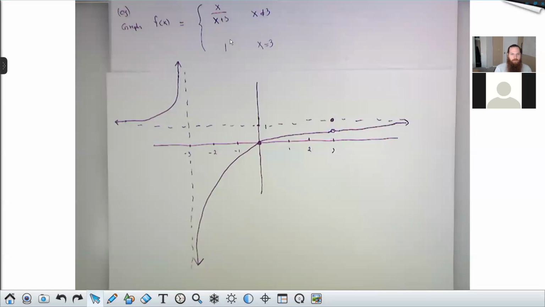This one is after I did the factoring and canceling, so it's a little bit harder to see what this graph will look like from the original expression, x squared minus 3x over x squared minus 9.